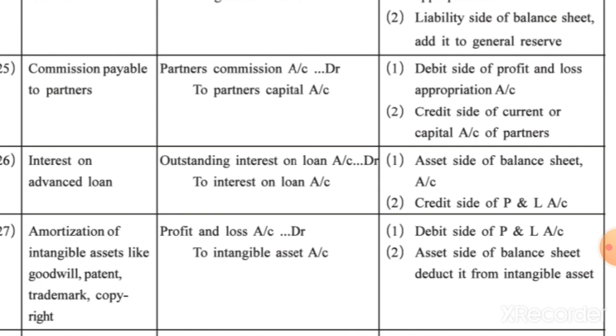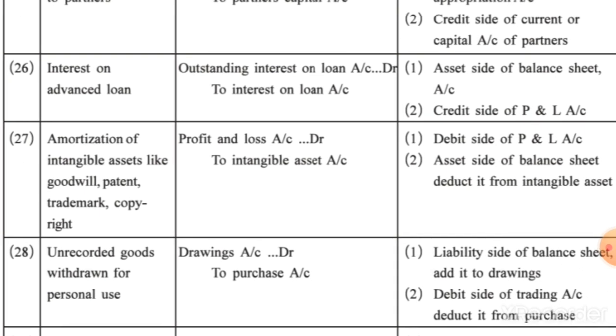So every year you are writing off that much amount from the concerned intangible assets. Okay, so first effect, that would be on the debit side of P&L account, and the second effect, you will be subtracting from the concerned intangible asset on the asset side of balance sheet.